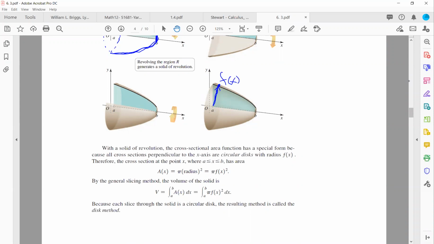So area is equal to pi f of x squared. We learned how the slicing method works and how we get a volume using the area of the cross section. Now we know that this area is nothing but pi f squared. So we have a nice formula.